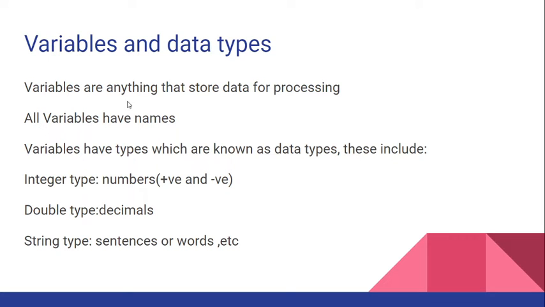So variables are anything that store data for processing. Variables are the place where the data is stored. The reference to where you store data is known as variables, and all variables have names. So the location where data is stored has a particular name.